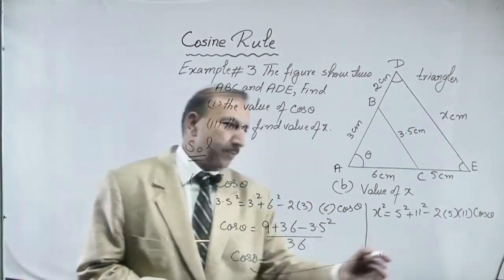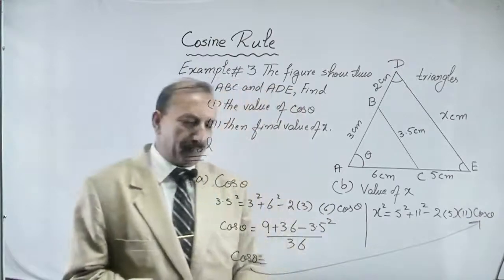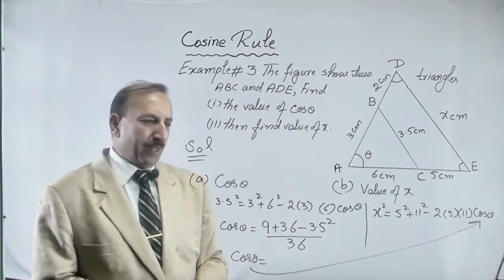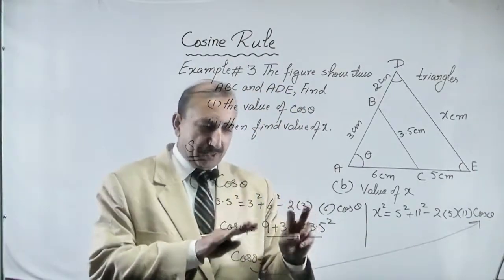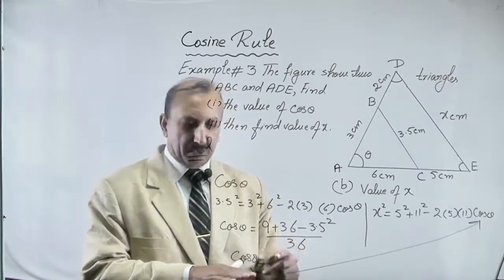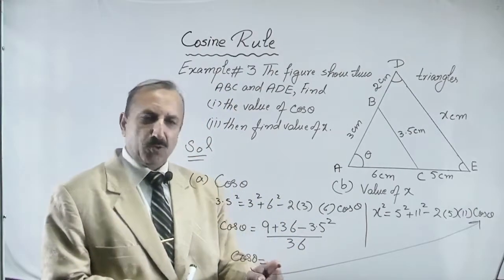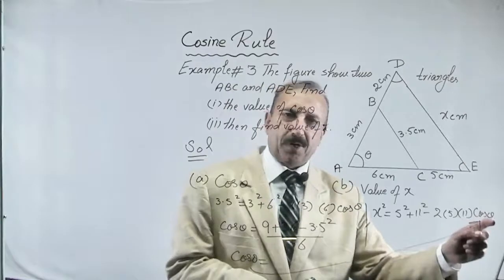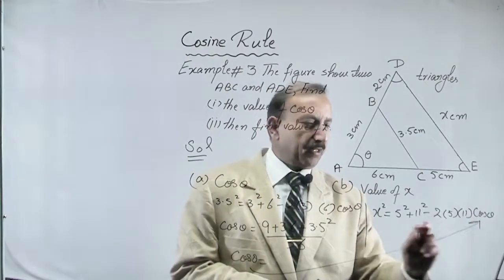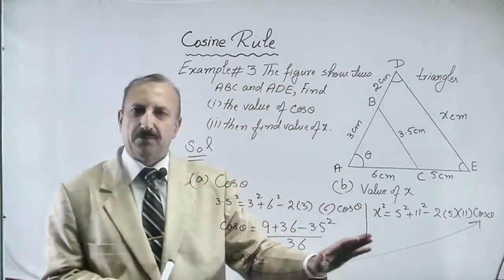This theta you will use here to complete the value of x. I'm stopping this question here. You need to calculate this with the help of a calculator. The value you get here, you need to put in this part two in place of cosine theta and carry on for x. You will get the value of x.